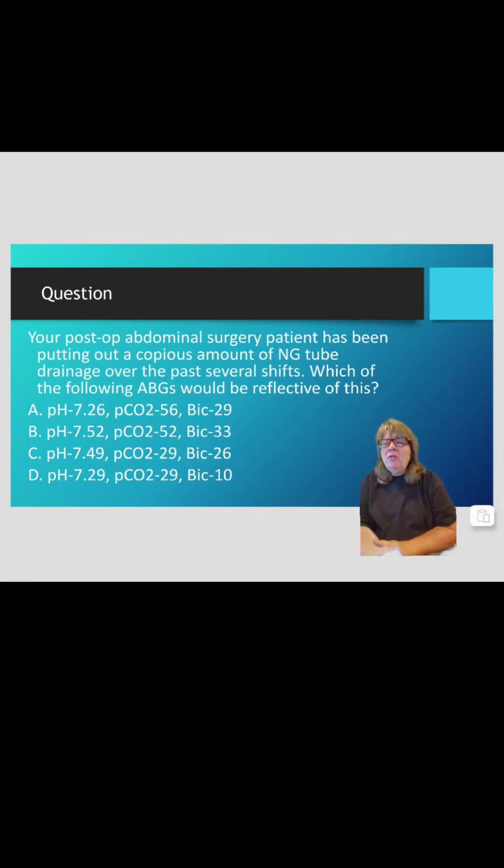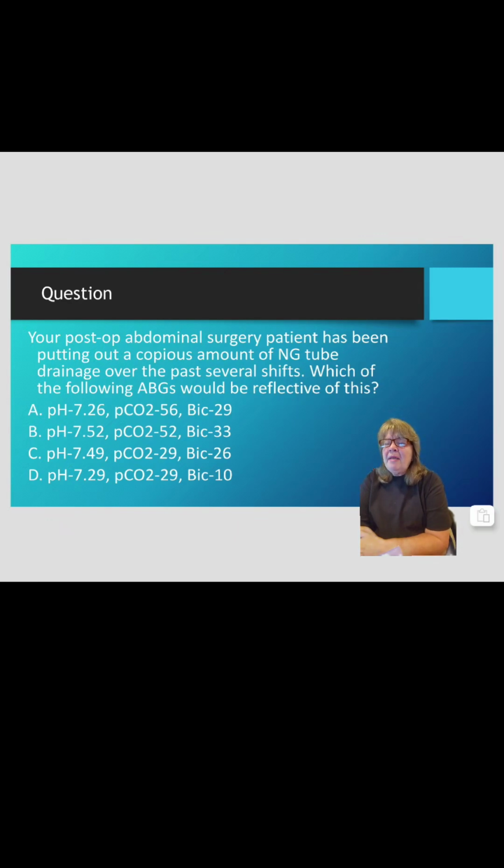Today we have a post-op abdominal surgery patient that has been putting out copious amounts of NG tube drainage over the past several shifts. Which of the following ABGs would be reflective of this? The very first ABG, A, we have pH 7.26, PCO2 56, bicarb of 29.